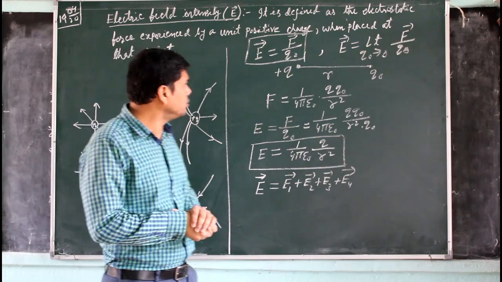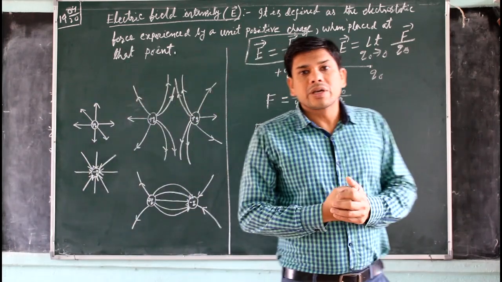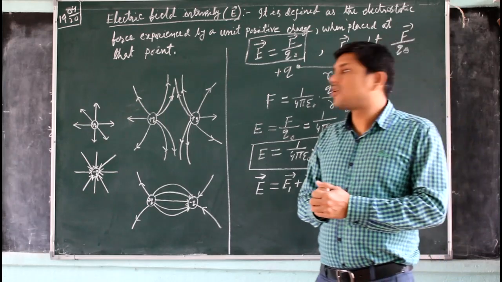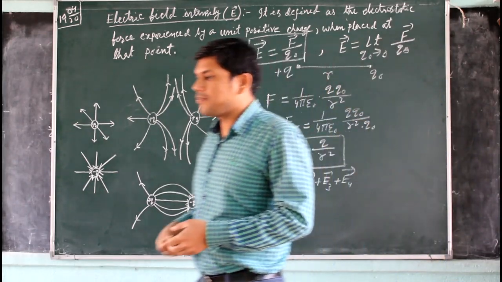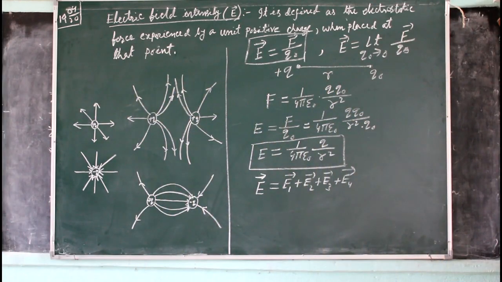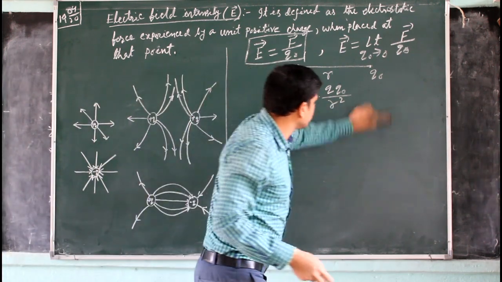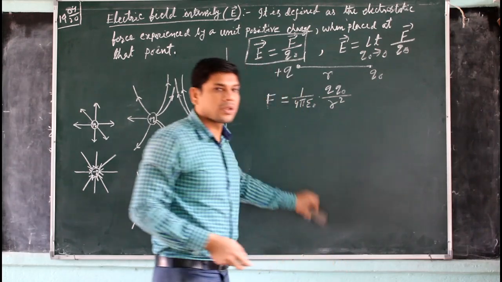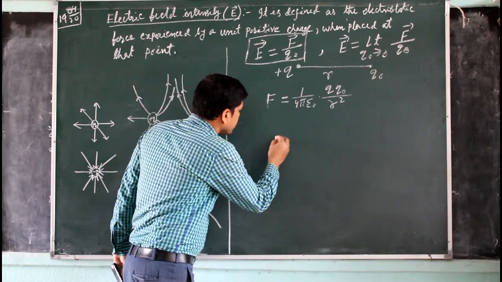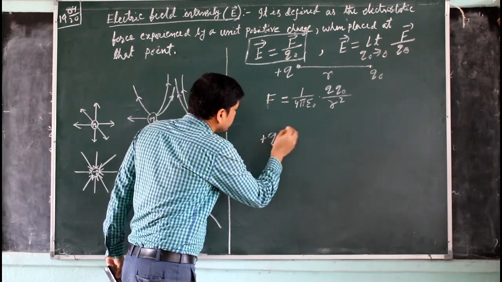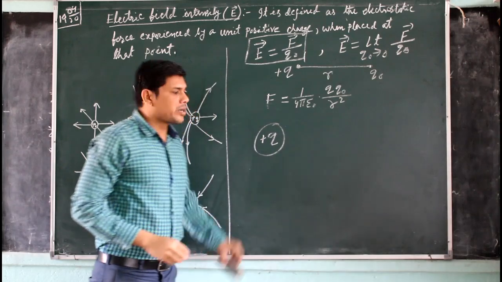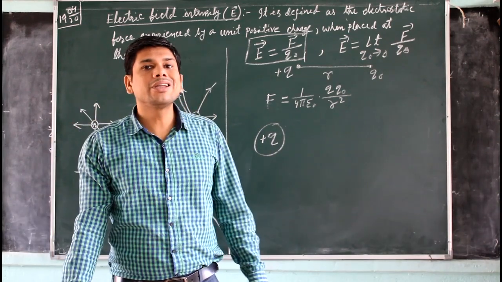Now, what are electric field lines? When a source charge is placed in a region, suppose we are placing a source charge plus Q, then a field is generated surrounding this region.